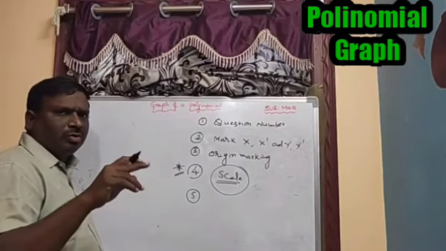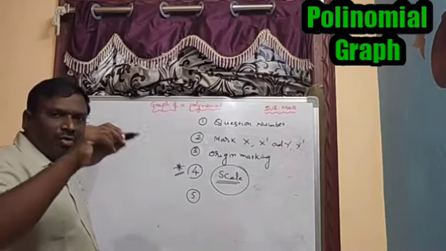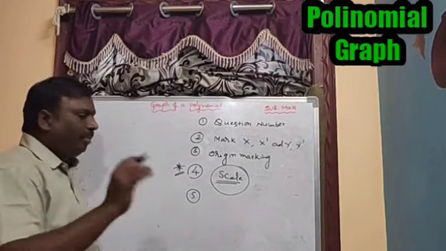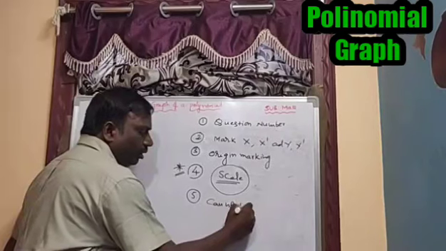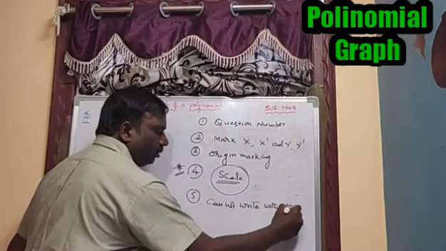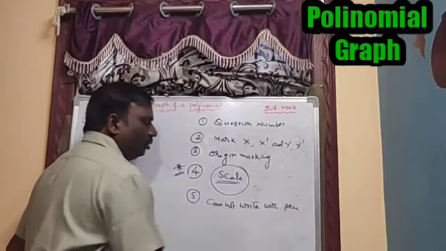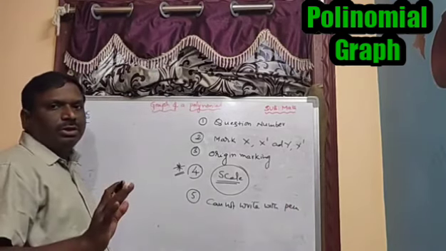So fifth one is each and everything on the graph paper. Some of the children, I saw so many graph papers, some of the children are writing with pen. In a graph paper, we cannot write with pen. So don't write with pen, better to write with pencil. Okay.